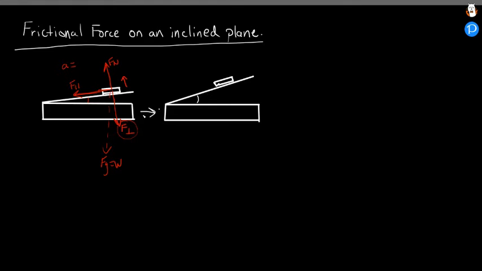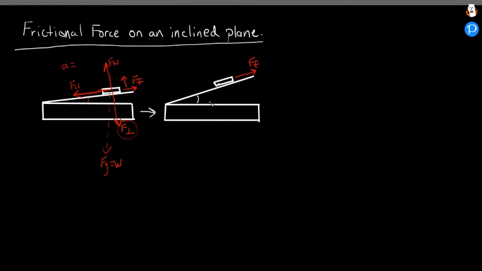Now, let's say that as we increase the angle of this cover, the coin doesn't start to fall, because there is this other force that we haven't talked about yet. There's a force pushing back against the motion of the coin this way, which is the force of friction. As we increase the angle, there's a force of friction pushing back this way on the coin, which is keeping it from sliding down.